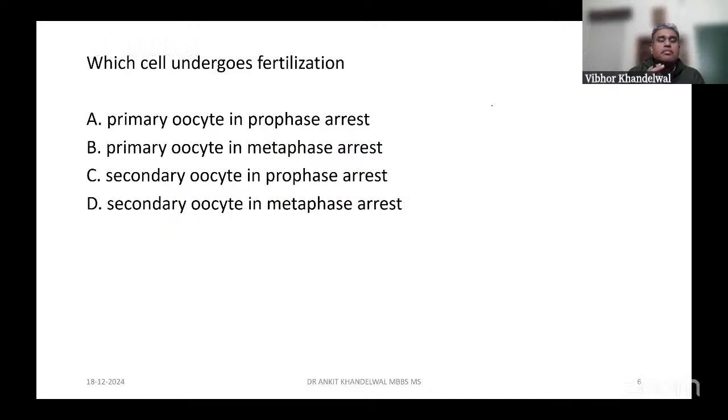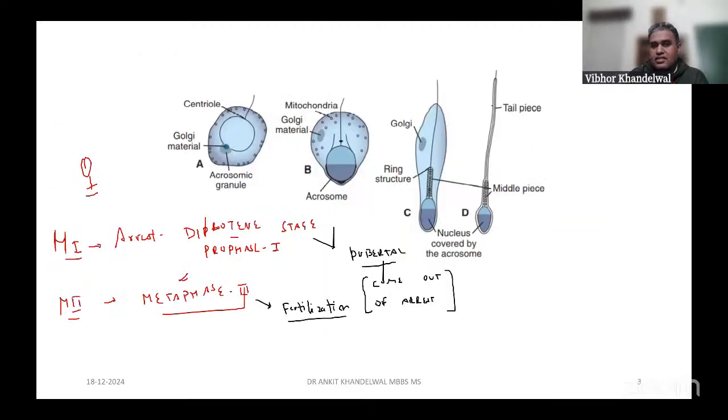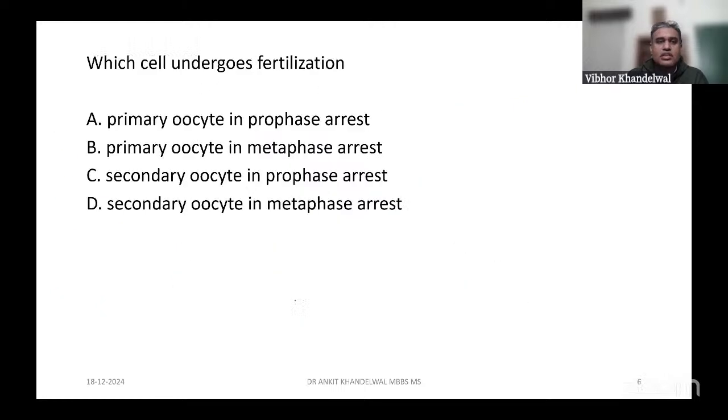Now here's a question: which cell undergoes fertilization? Do you remember, when does the arrest happen? When do they come out of the arrest? Meiosis 2 got arrested in metaphase and came out of arrest at the time of fertilization.